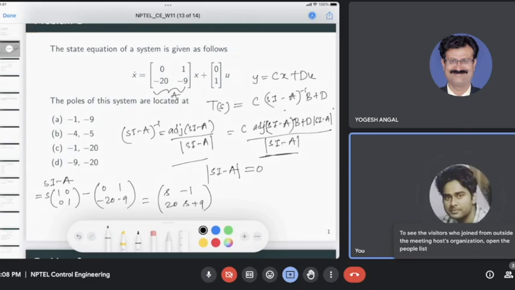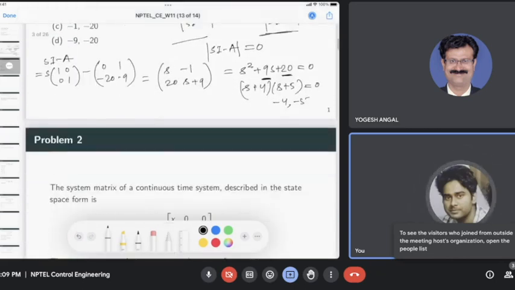The determinant equals s squared plus 9s plus 20, set equal to 0. We can easily verify that 4 and 5 satisfy, since they add up to 9 and multiply to 20. So (s plus 4)(s plus 5) equals 0, or the poles are at minus 4 and minus 5. Very simple. These are the poles.